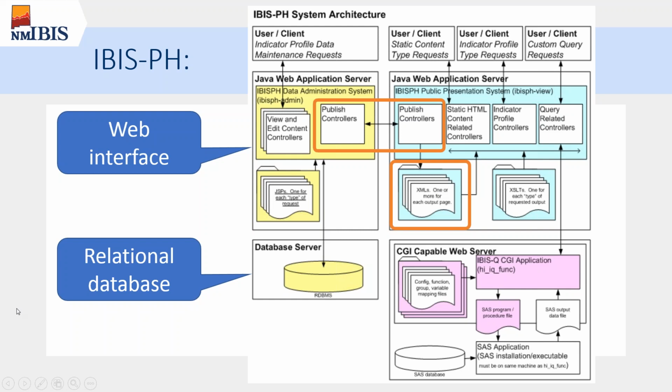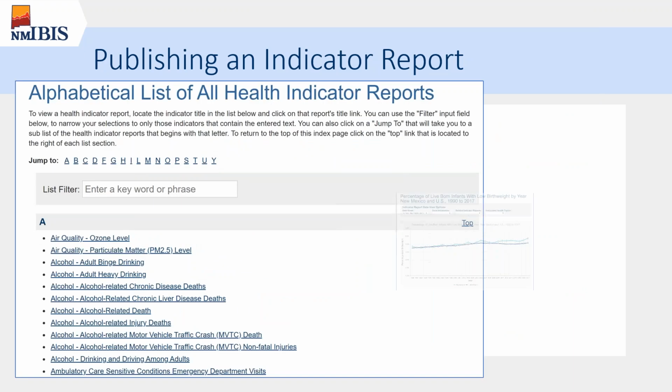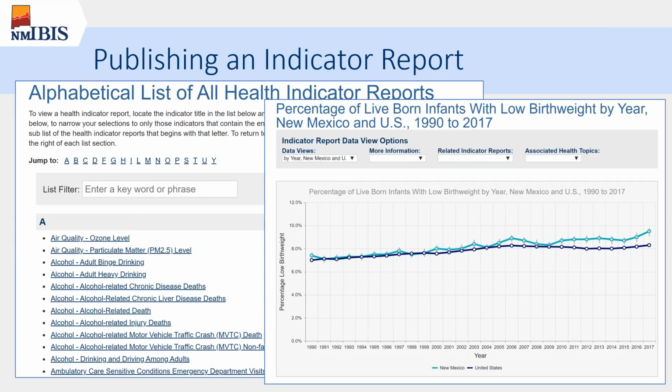If the indicator report has already been published, then it will just overwrite the XML file that was already there. Publishing the report makes it available to the public users on the NM-IBIS website. Publishing puts a link to the report in the index and also makes the report available on the server.